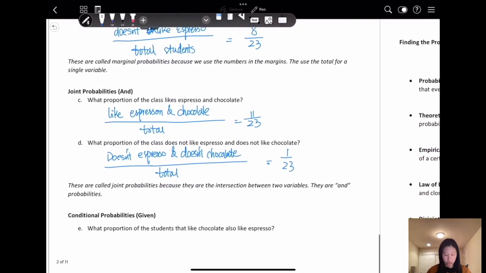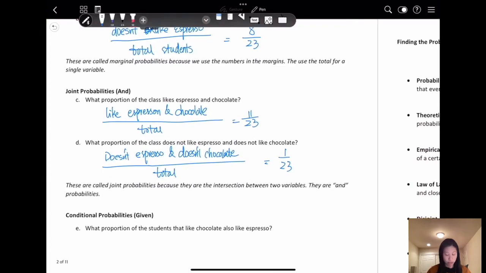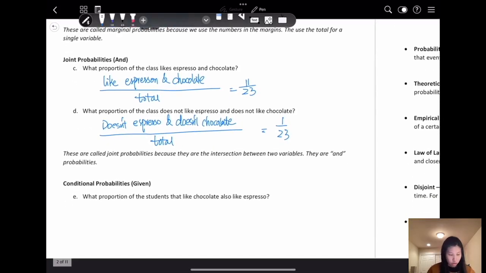The other one is conditional probability. What is the proportion of students who like chocolate that also like espresso? That's a little bit different, because we're looking for students who like chocolate and then also like espresso.